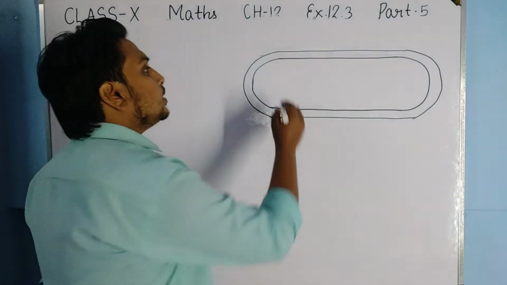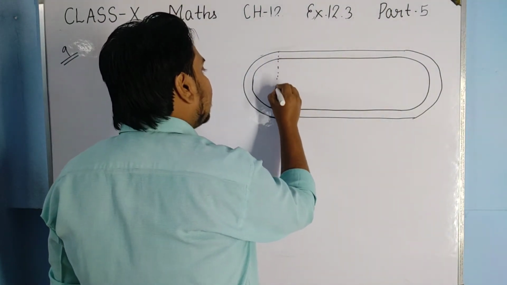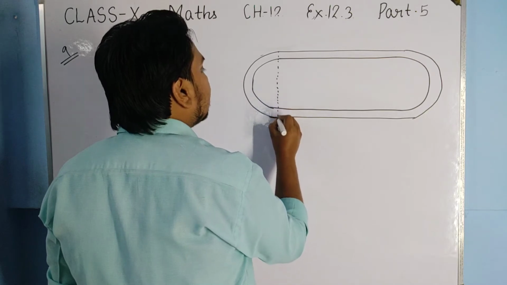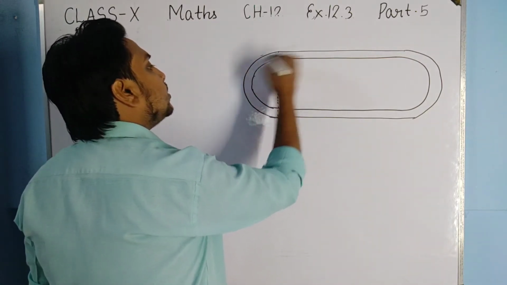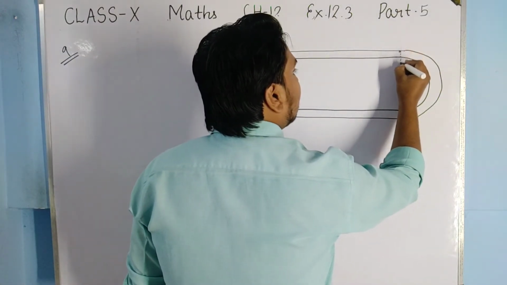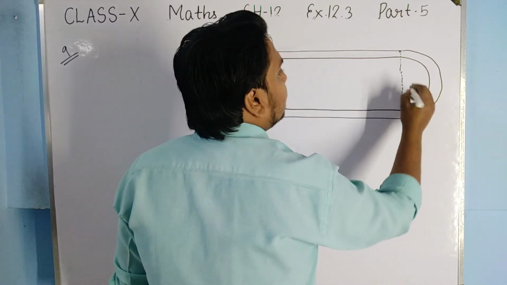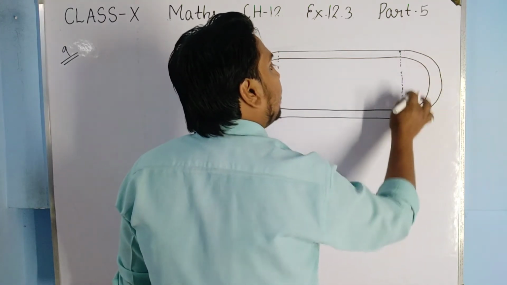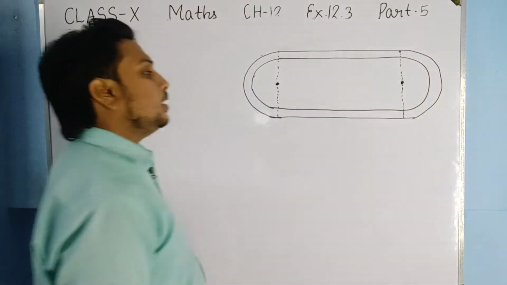Okay, means see, it is said in the question that the ends are in the form of a semicircle. This is in the form of a semicircle and this is in the form of a semicircle. Okay, suppose it is here, it is the center.